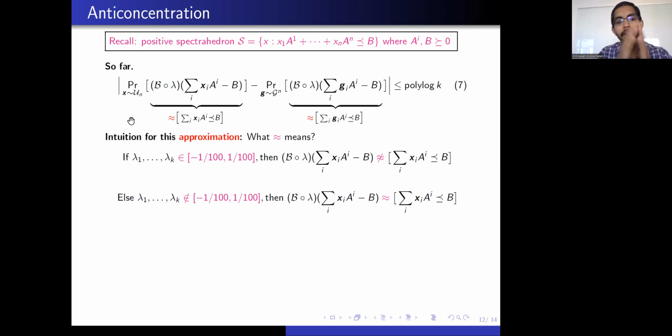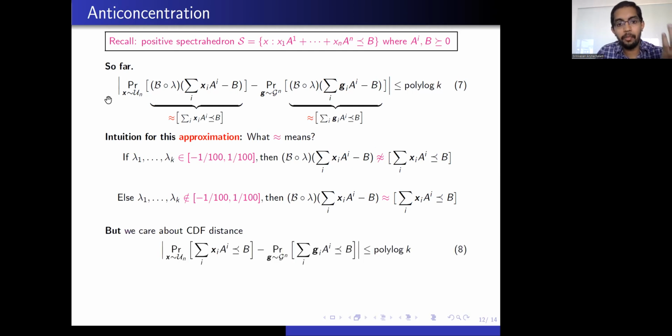But if all the eigenvalues are far away from 0, then this quantity is a very good approximation of the indicator function of summation xi ai being less than b. As I said, we have been able to prove equation 7. We want to prove this thing. So we would like to go from B circ lambda to equation 8. And we know that this approximation is approximately true if the eigenvalues, all the lambda i's, are not close to 0, are pretty far away from 0.